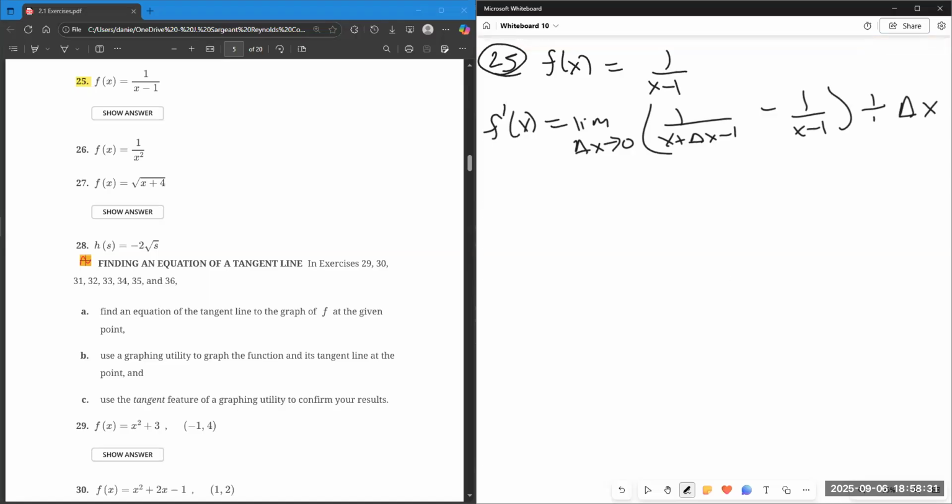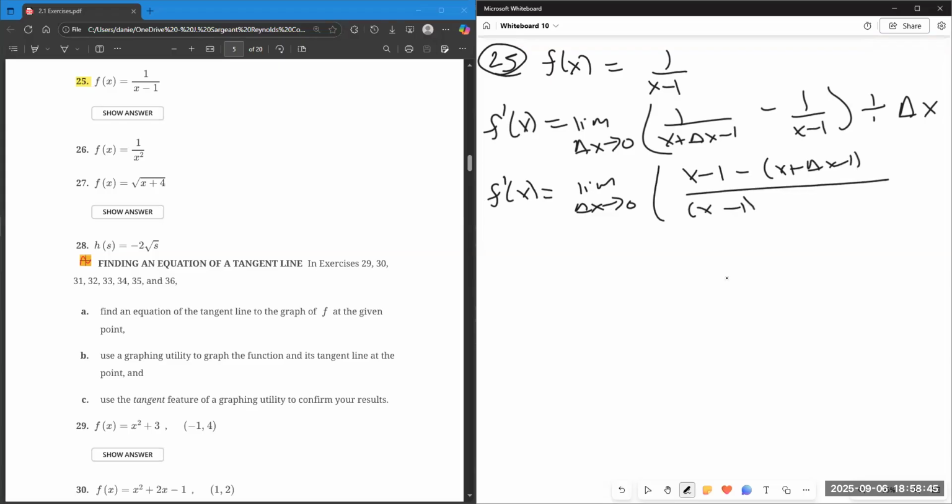So f prime of x is the limit as delta x goes to 0 of [x minus 1 minus (x plus delta x minus 1)] over [(x minus 1)(x plus delta x minus 1)], and then times 1 over delta x.